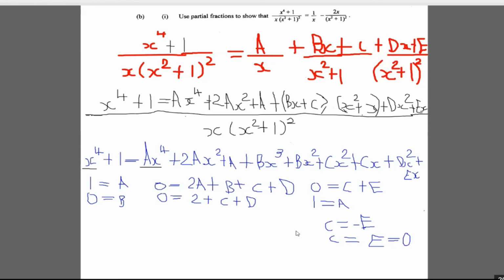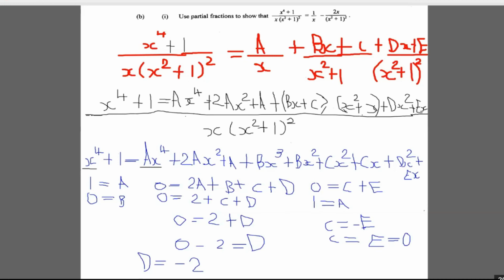And now, with c being 0, then 0 is equal to 2 plus d. And so what we're getting is 0 minus 2 is equal to d. And so negative 2 is what d is equal to. So now we're nice.